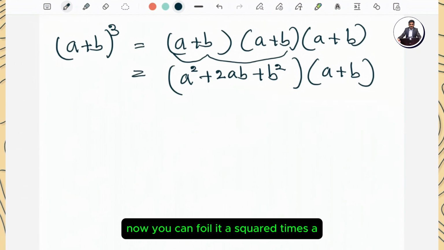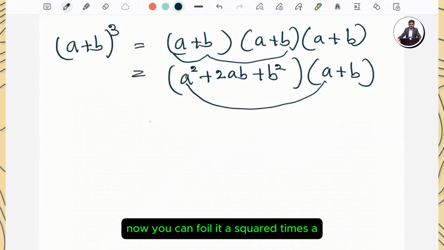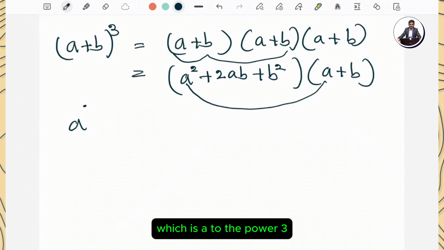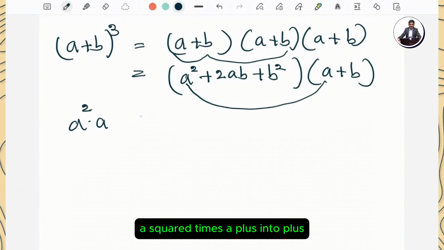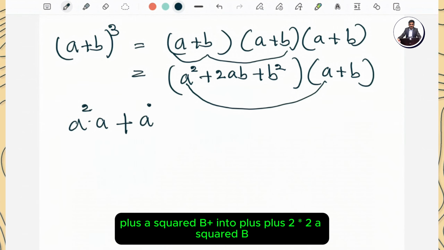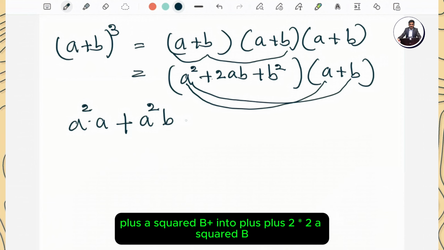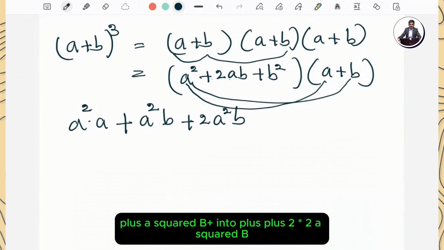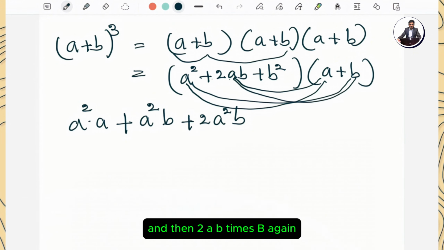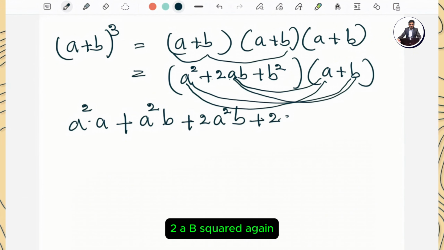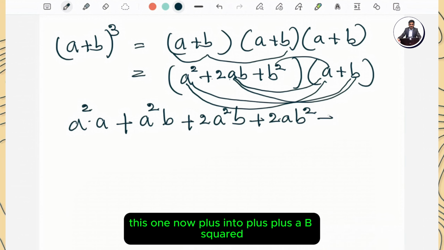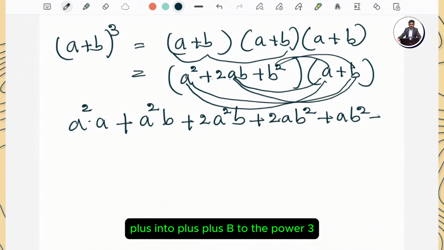Now you can foil it: a squared times a is a to the power 3, a squared times b is a squared b, 2ab times a is 2a squared b, 2ab times b is 2ab squared, then ab squared, and b to the power 3.